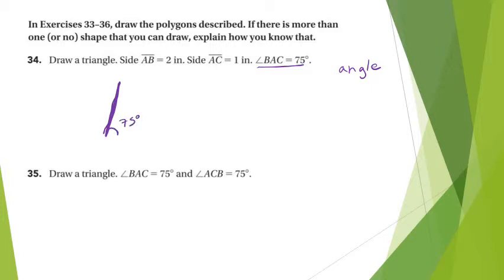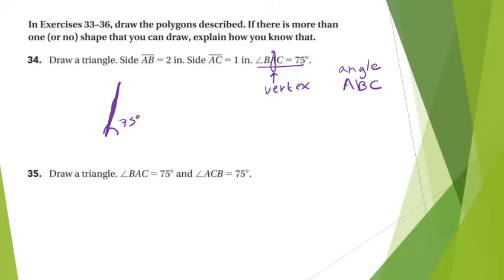Now then in class we talked about you should label A, B, and C, or whatever your vertex points are, whatever information they've given you about how the triangle is labeled. So in this case, they're telling me angle BAC is 75. And where I really have to pay attention is that middle letter goes with the vertex of the angle.